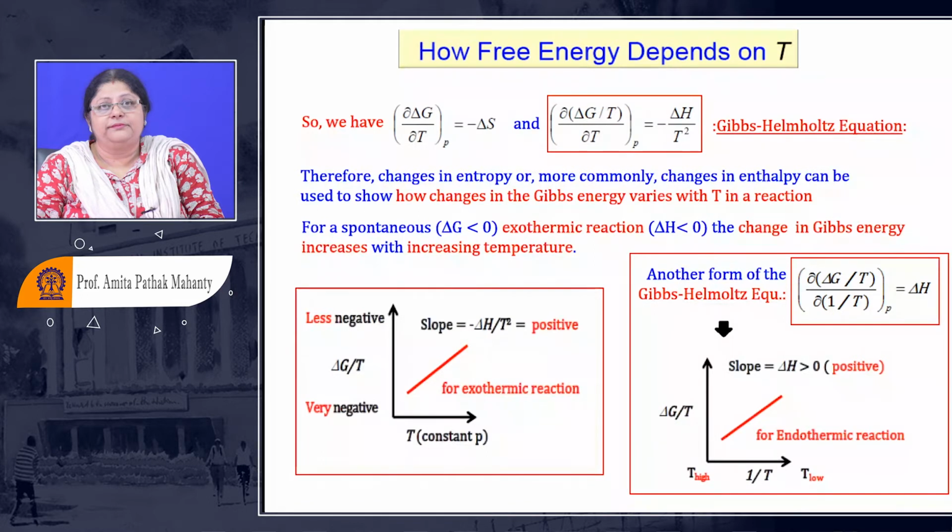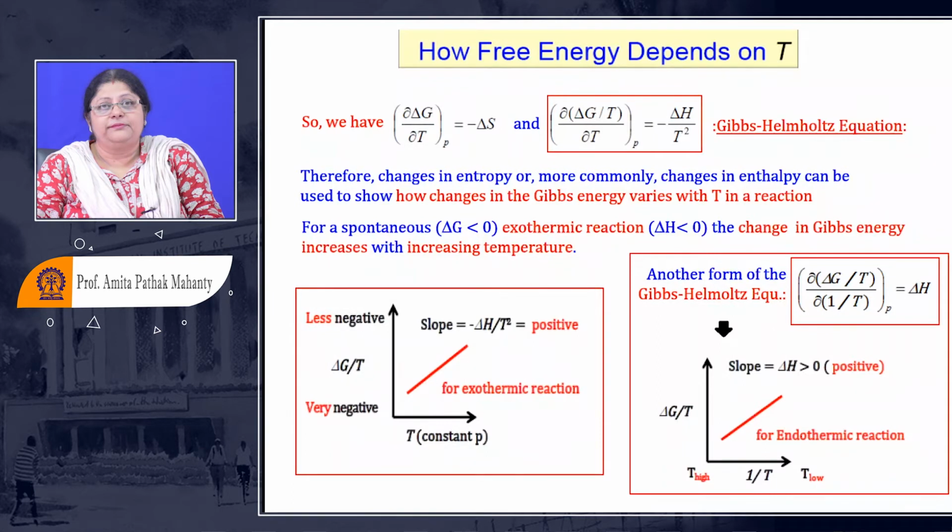So what will be the slope? As it is written, it will be minus delta H by T square. So if it is exothermic, what will that become? It will become positive.